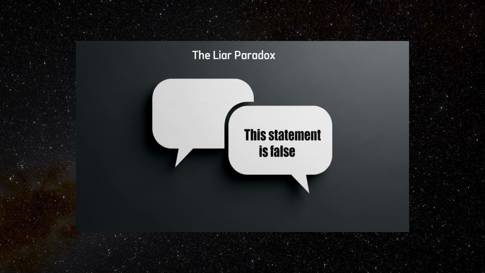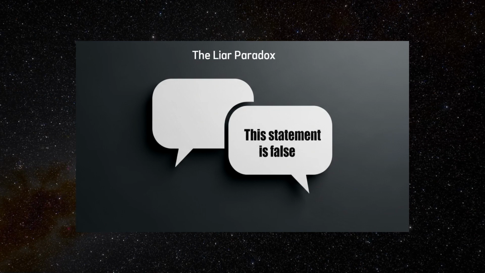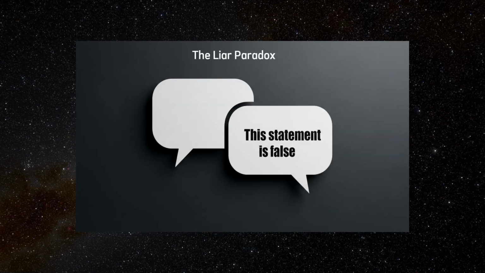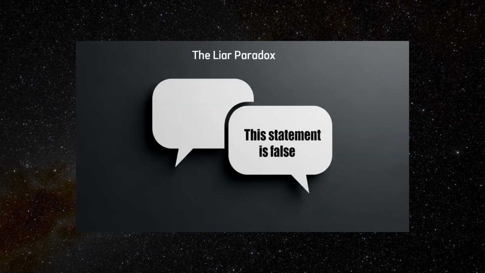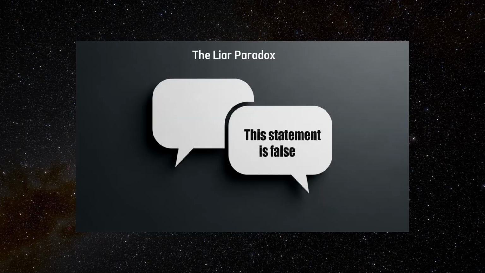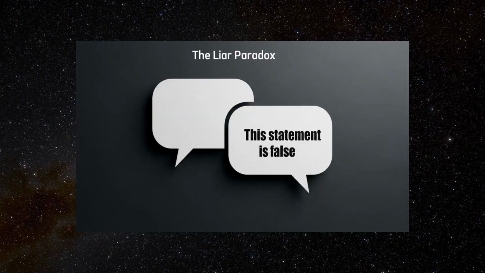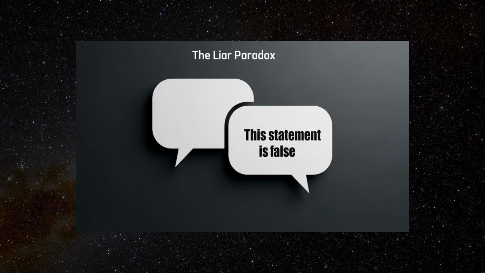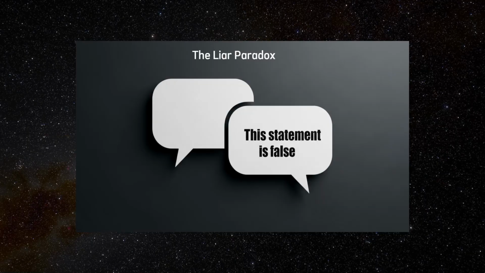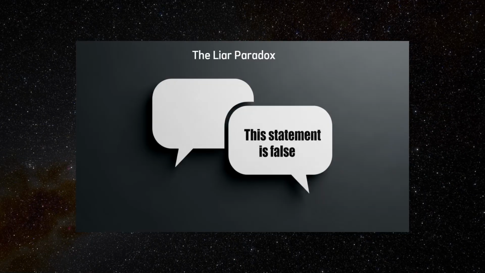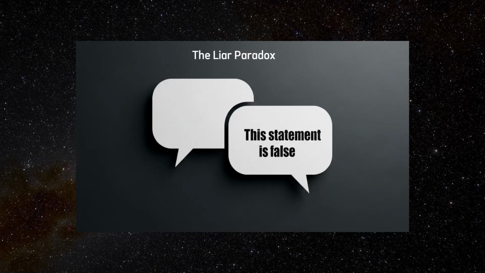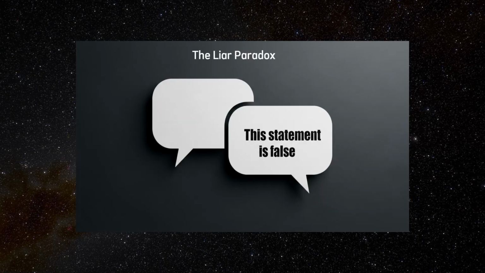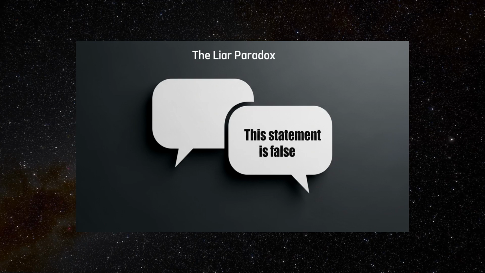The liar paradox has significant implications beyond wordplay or philosophical amusement. It has influenced major developments in logic, mathematics, and the philosophy of language. In the 20th century, it played a crucial role in prompting inquiries into the foundations of mathematics and formal systems. The logician Kurt Gödel, for example, constructed his famous incompleteness theorems using a method of self-reference inspired by the logic of the liar paradox.